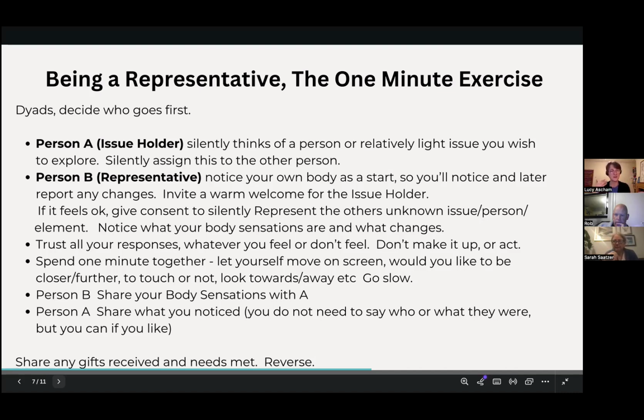Then we spend a minute in that relationship and see what happens, and then we come back together. Kate would tell me how it is for her. If I wanted to, I could tell her that she was my cat, but I do not have to do that. That's not what's important. It's just seeing what happens energetically while you try this out in that silent pair for that whole minute.